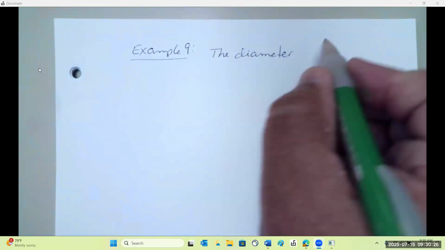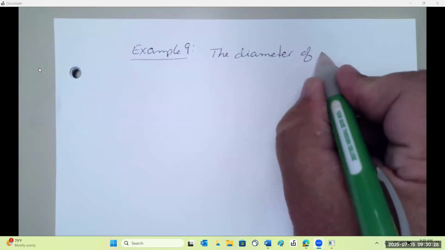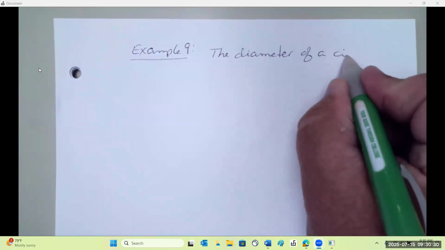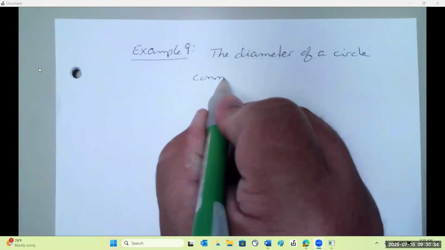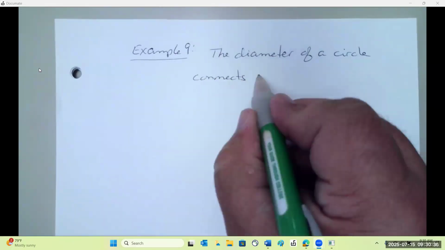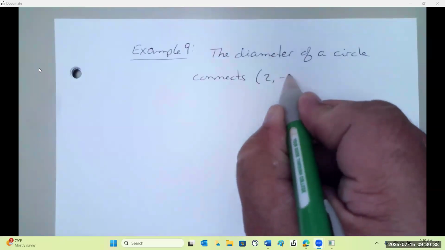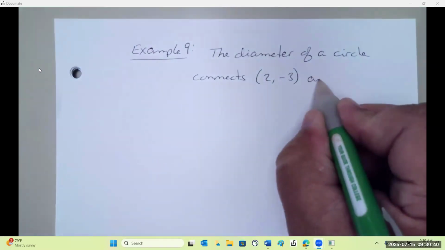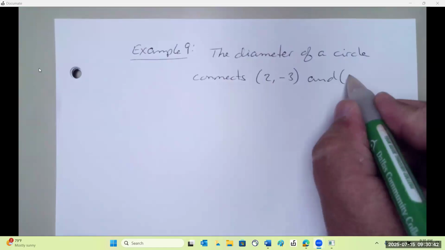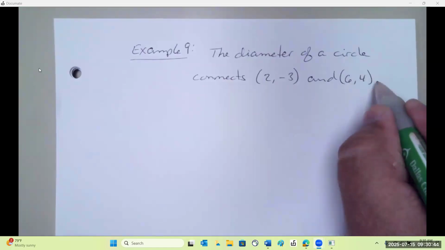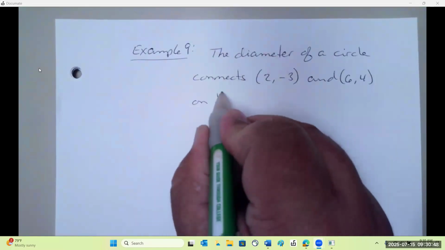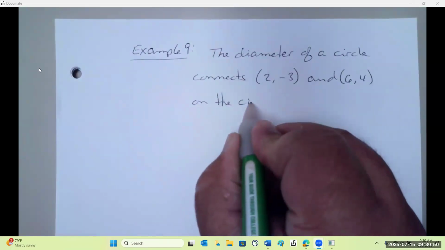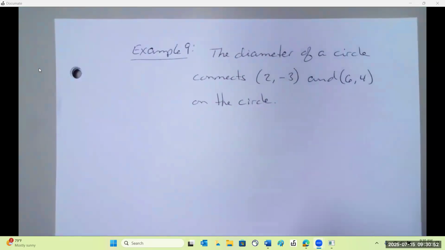The diameter of a circle connects the points 2, -3, and 6, 4 on the circle.